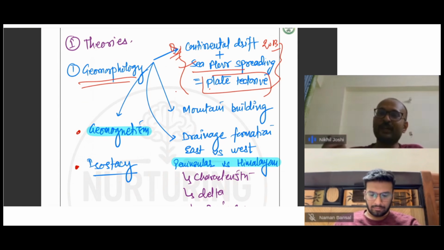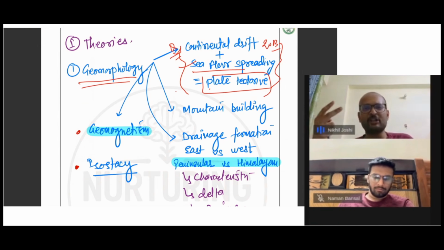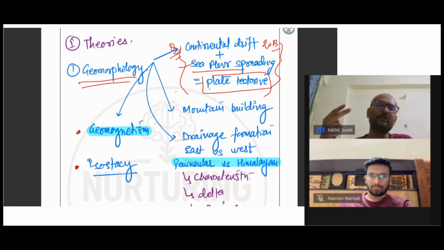Seafloor spreading built on the explanations which continental drift theory lagged on, and these two, together with Arthur Holmes' theory of convectional magma currents, laid down the foundation of plate tectonics. And then plate tectonics can explain any phenomenon which is driven by the endogenetic forces.